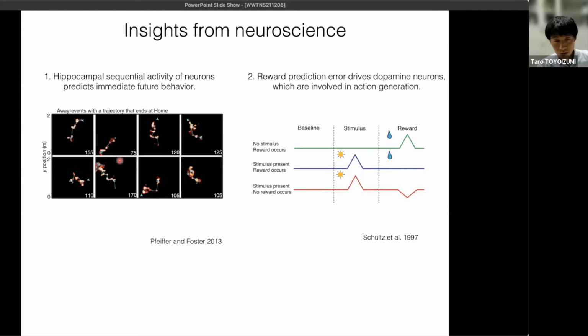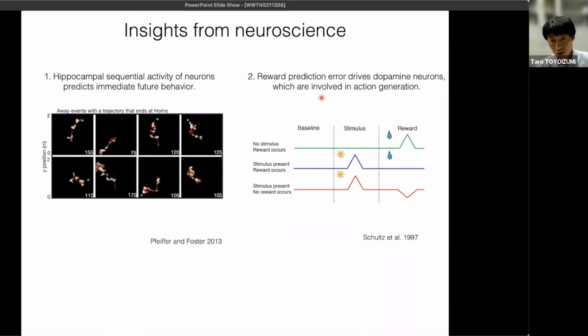And these sequential patterns are produced, and they correspond to possible outcome events, or often the future behavior. So the experimental result looks as if the animal plans an action by anticipating possible outcome sequences. So this is one experimental finding.